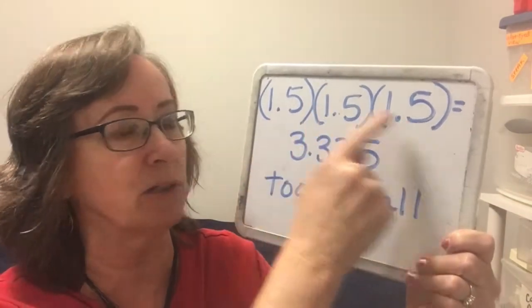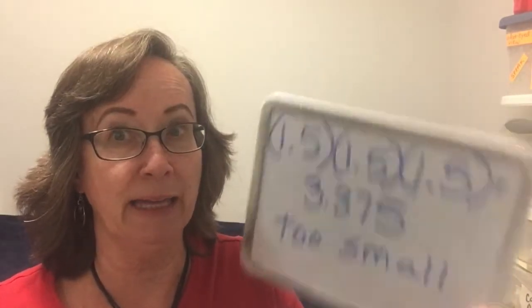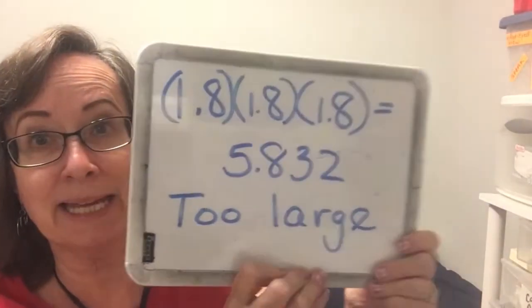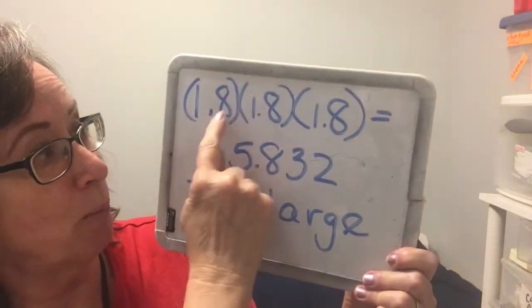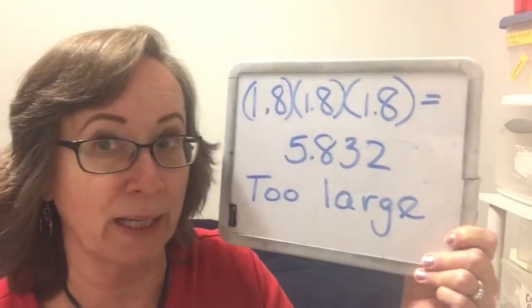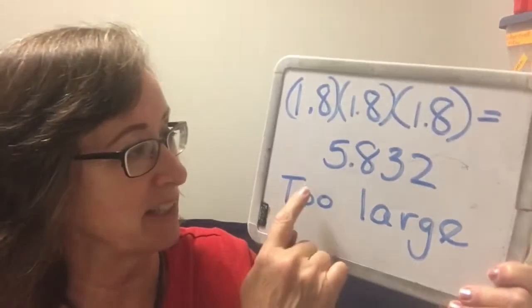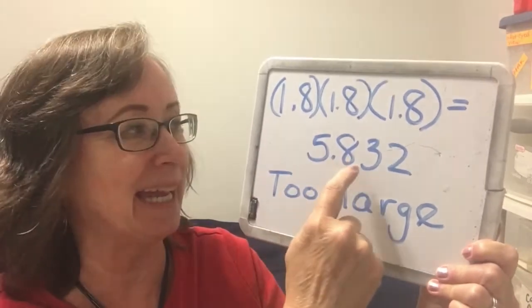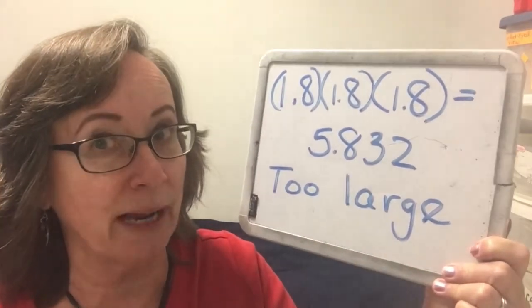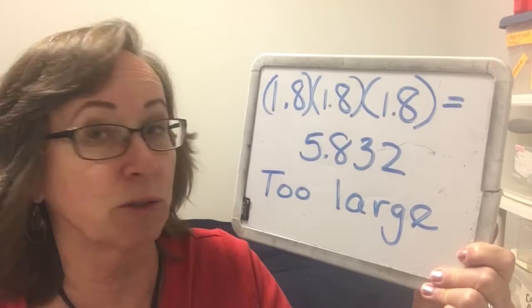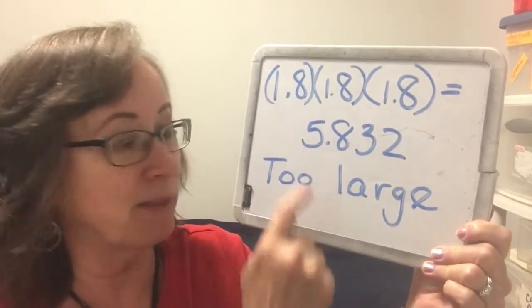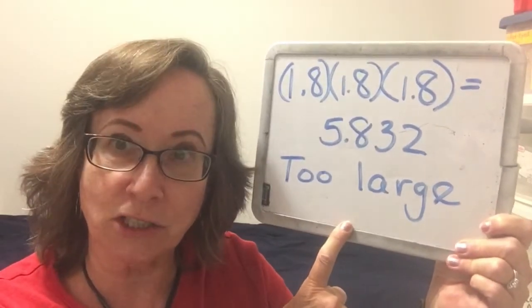So we're going to try 1.8. When we plug in 1.8 times 1.8 times 1.8 in our calculator, you're allowed to use a calculator with this section, we get 5.832. And remember, the number we're trying for is 5 because we're trying to find the cubic root of 5. So this one was too large.